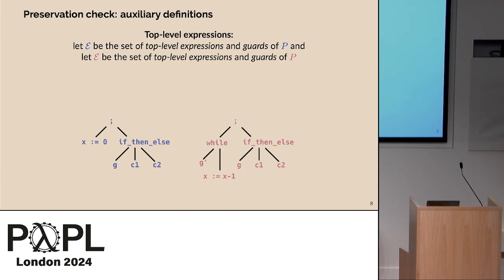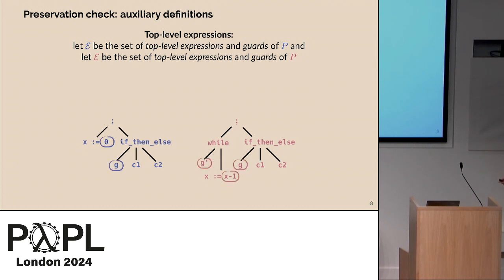Here we would like to look at top-level expressions, which are circled here. It's kind of a strange definition, but for the sake of this talk, this is a top-level expression, x is not. G is a top-level expression. C1 and C2 are not expressions, so that's fine. G prime is an expression, G is an expression, and x minus 1 is an expression.